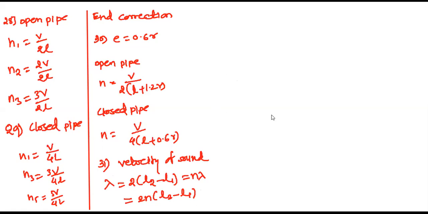And one more formula in this, in terms of length: e is equal to L2 minus L1 divided by 2. You can find out anything from these three formulas.